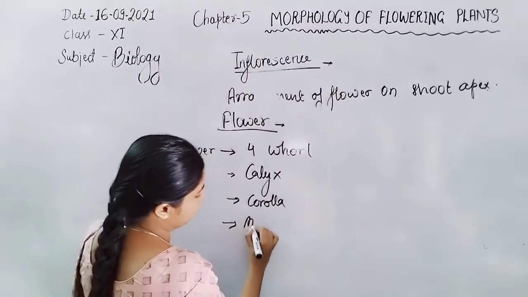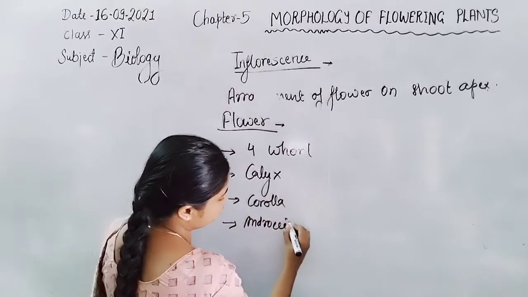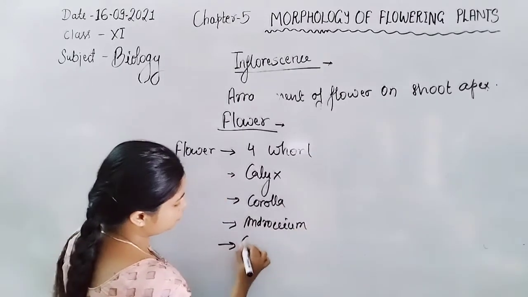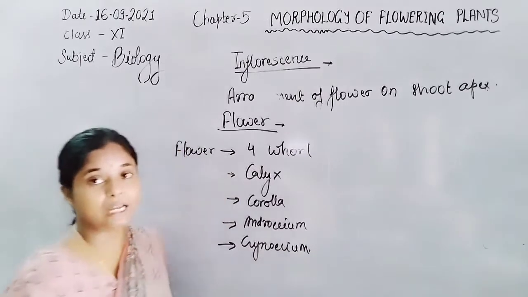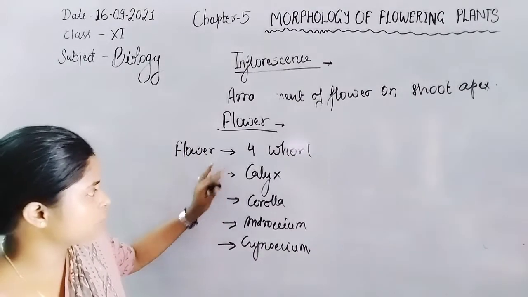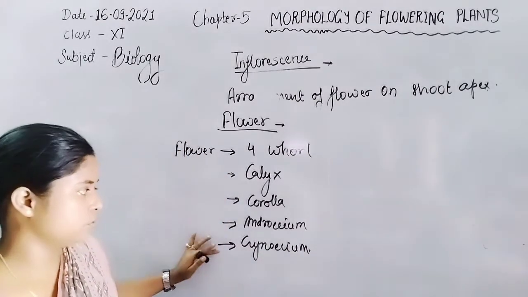The third whorl is androecium. And the fourth whorl is gynoecium. So the outermost whorl is calyx, then corolla, androecium and gynoecium.